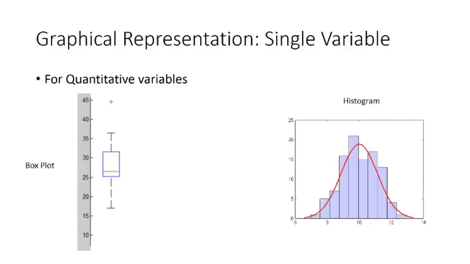So great. Another way of representing quantitative data is through a histogram. The histogram is what you see on the right hand side, and a histogram is arguably the richest representation of numerical quantitative data, because a histogram essentially says how many data points you have within this range.